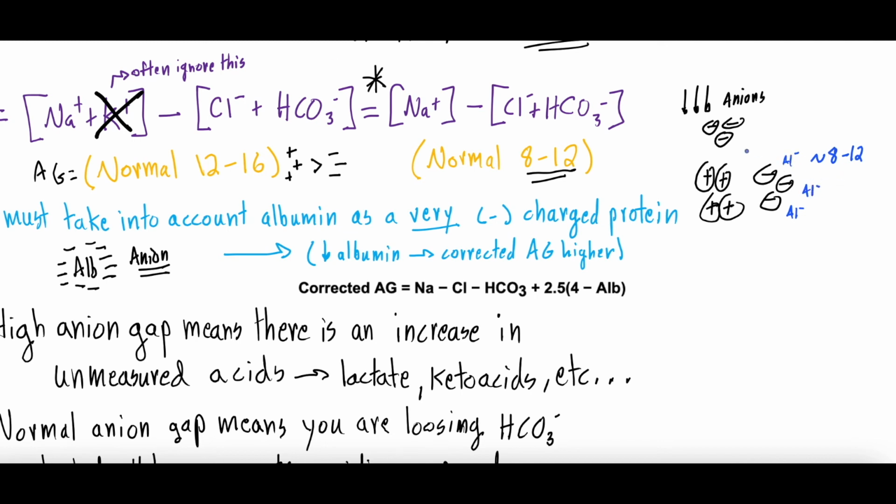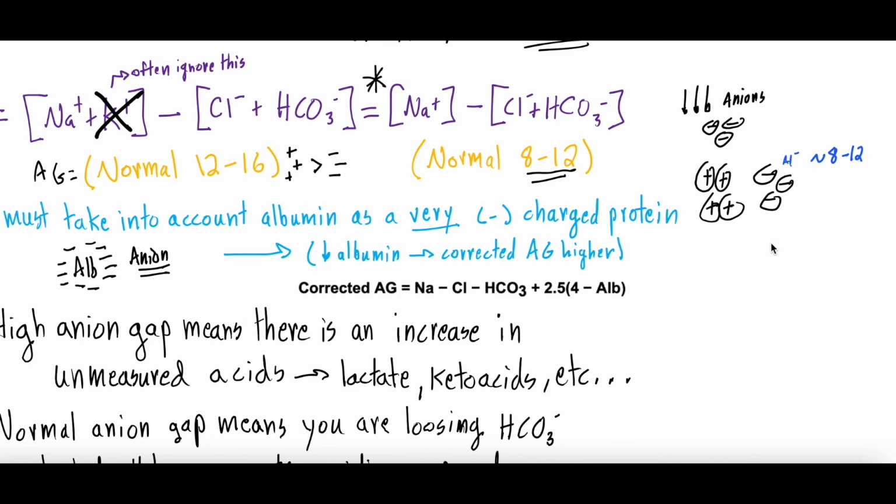Well, if it's 8 to 12, but you have low albumin, so you only have 1 albumin floating around, what that is telling you is that you have another molecule present that is compensating for that low albumin, right? So essentially, there's something else here that is compensating for that albumin not being around, that is making the anion gap look normal even though it is not.